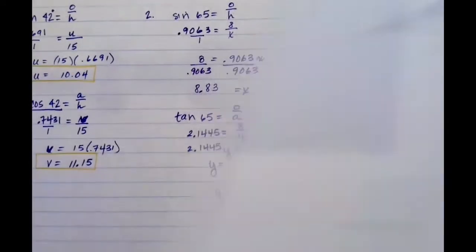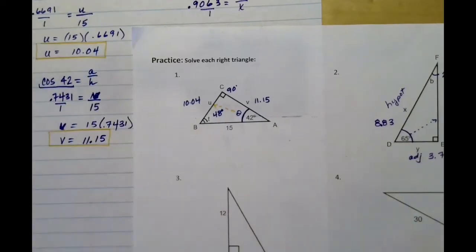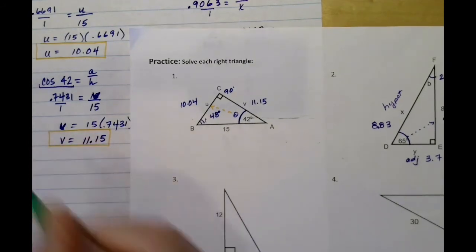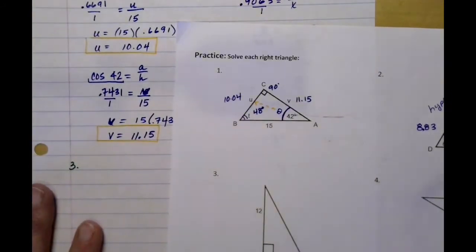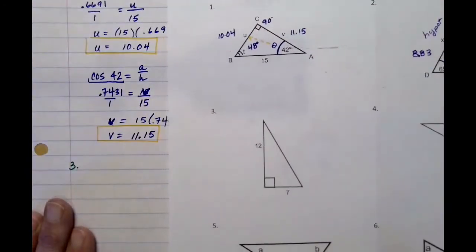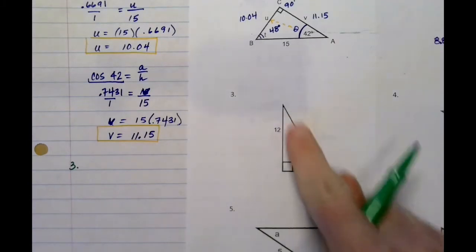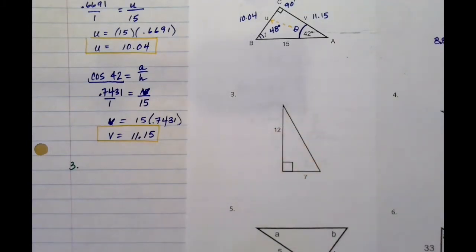All right, let's take a look at number 3. So for number 3, I'll go ahead and make sure you can see what it is that I'm doing. And we'll look at this next triangle. Uh-oh, this is our first one where I don't have either of my angle measures.